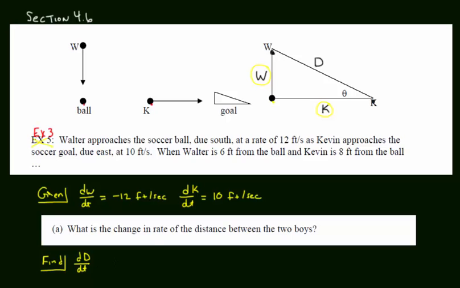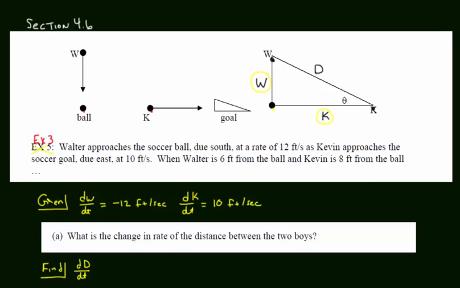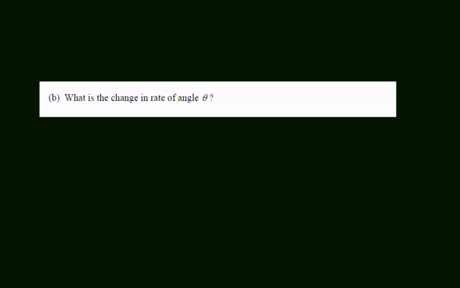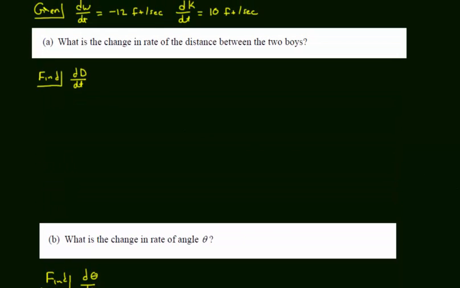So that's what we want to do in part A. If I come down to part B, let me move that up, I want to find the rate of change in the angle. So I want to find d theta/dt.